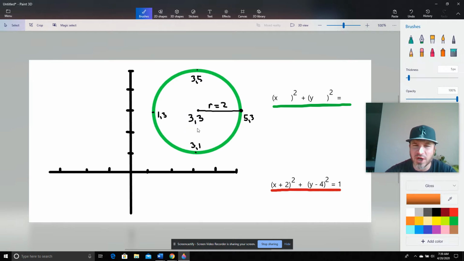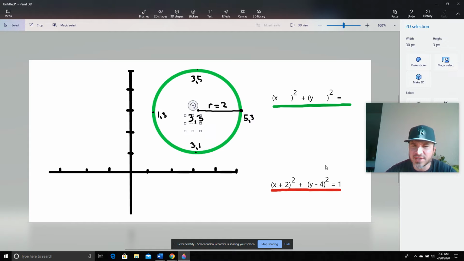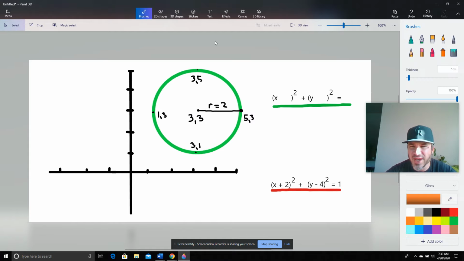So we'll start with the center. I look at the center, and I got (3, 3) as the center here. So the x is at 3 and the y is at 3. So we're going to do the exact opposite of what we see. When we go to the x, the x was at 0, then it got moved to 3, right?